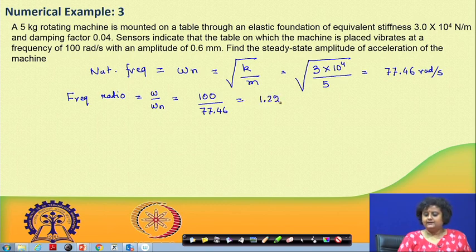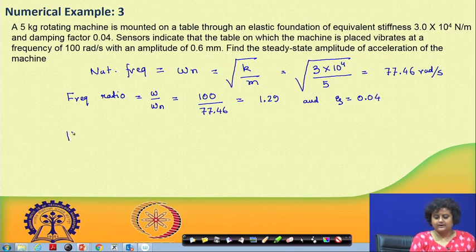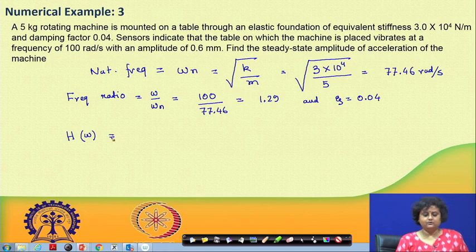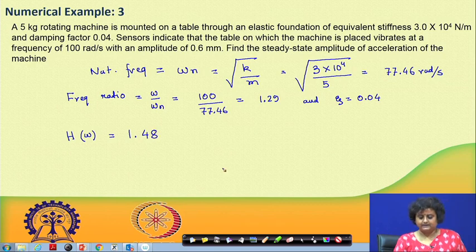Okay. And we know that zeta is 0.04. Therefore, we can find out the magnification factor. We already know the expression for the magnification factor, so I am not rewriting it here. If we plug in these values into the expression, you will see that H omega comes out to be 1.48.